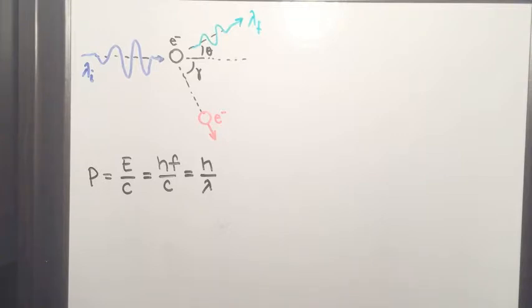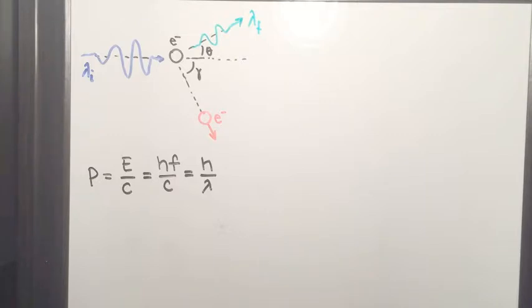When the incident X-ray photon and the stationary electron collide, the electron gains some energy from the interaction when it is ejected from its orbital.